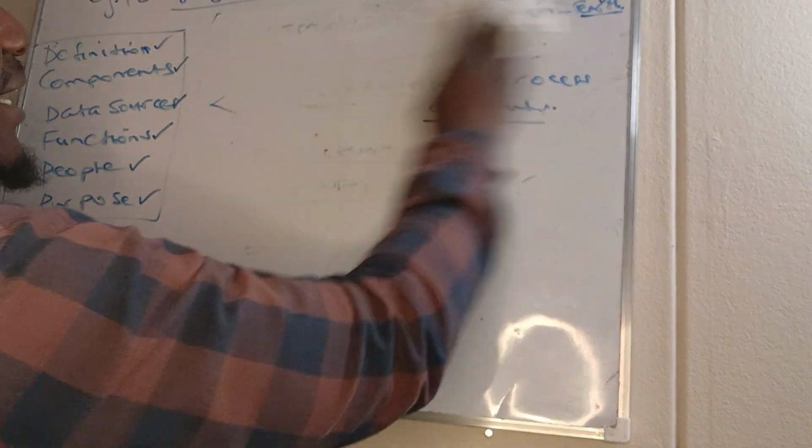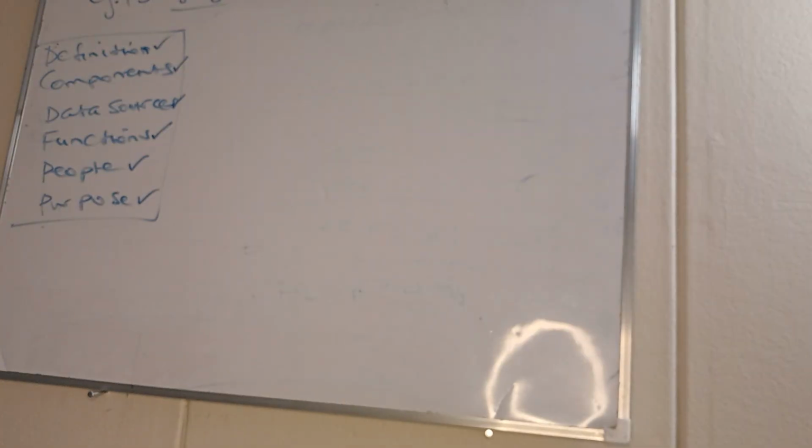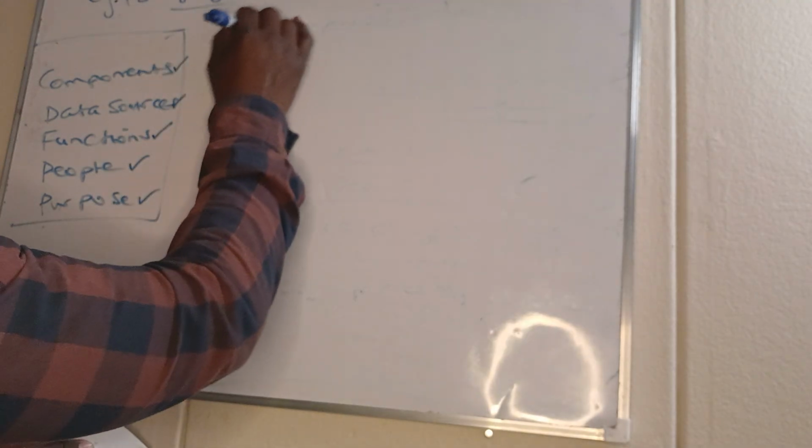So we move on to the next element in our topic, where we are now looking at the components of GIS. When you talk about the components of GIS, what is it that is involved?